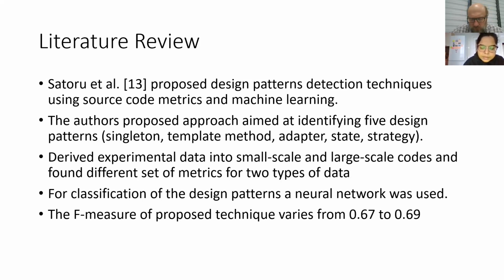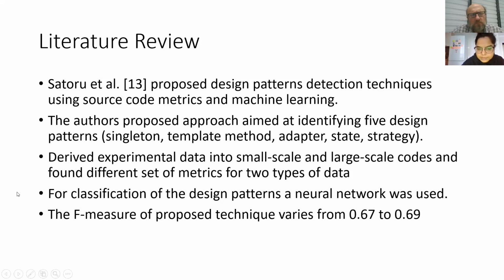And then several other papers we found where they try to have not diversion but more dimension, and they considered small scale and large scale source codes. So they try to have this kind of dynamics, and they also measured F1 score from 0.6 to 0.67.